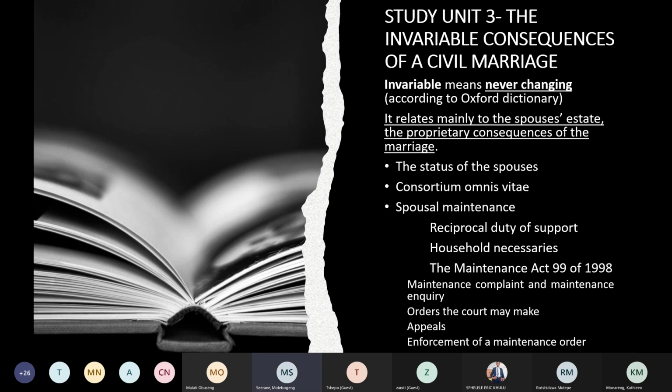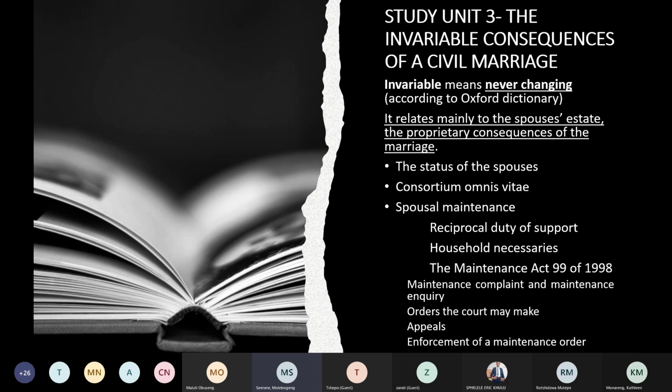All right. Then we move to our fourth invariable consequence of a civil marriage, which is the matrimonial home. It is an invariable consequence of a civil marriage to be shared by both spouses and to have a right to occupy and use the household assets.